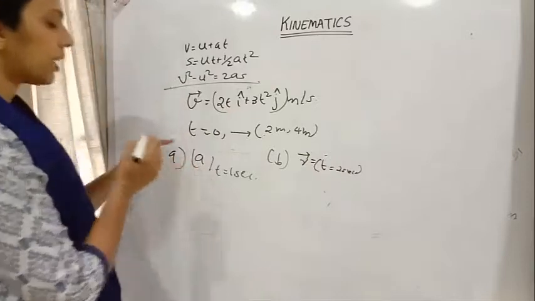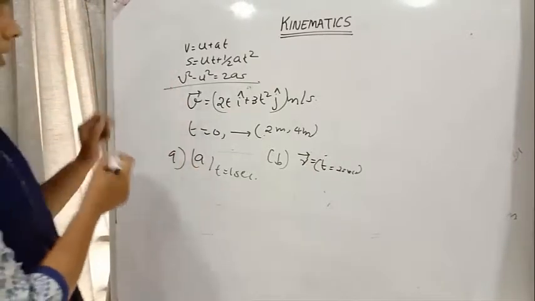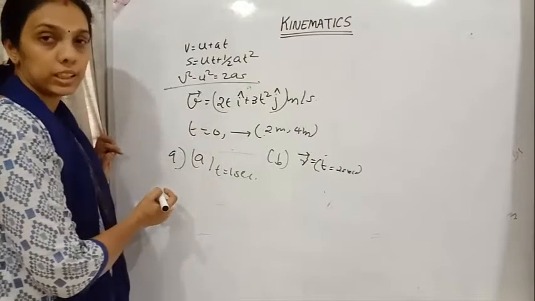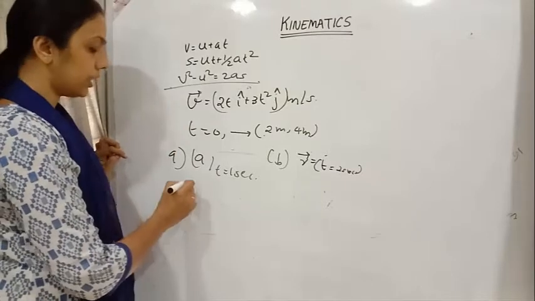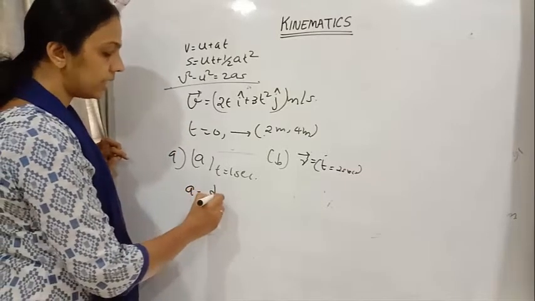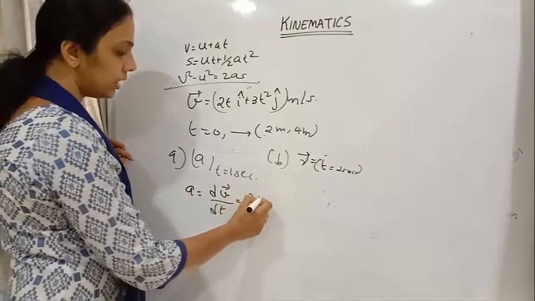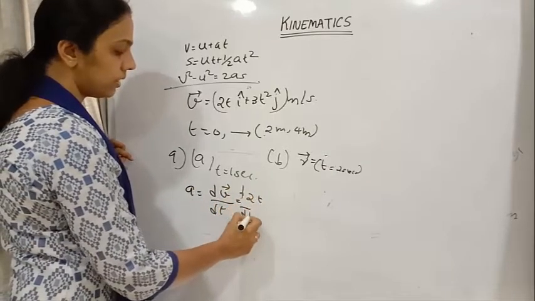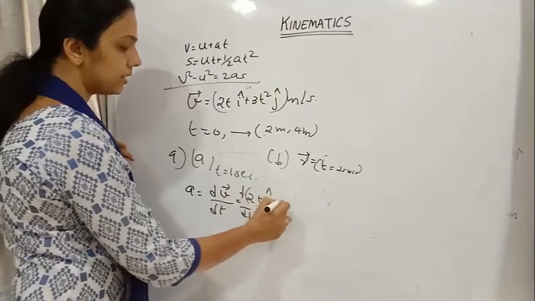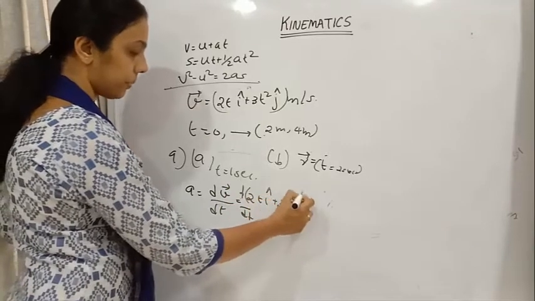Okay, first we can go for the acceleration. Find the acceleration from velocity. How will we find it? Differentiating. Acceleration equals dv by dt, that is d by dt of 2t i cap plus 3t square j cap.